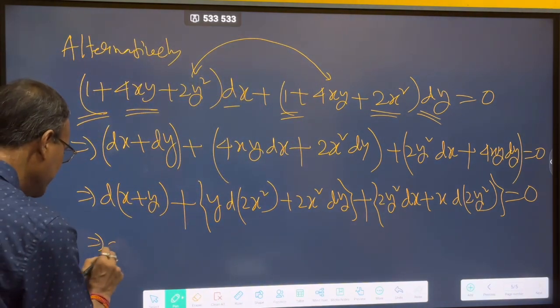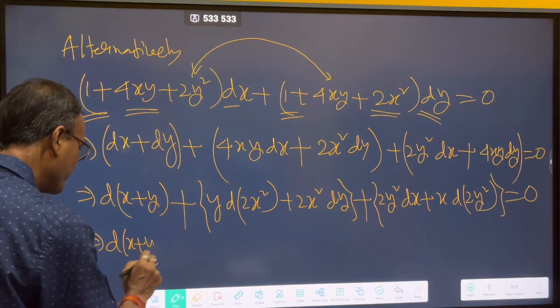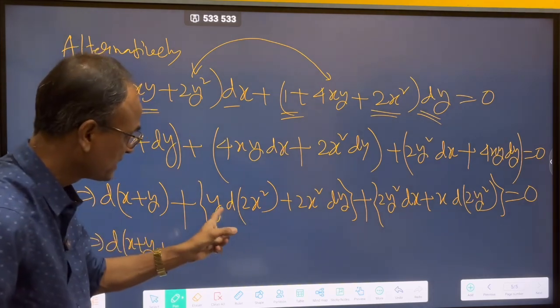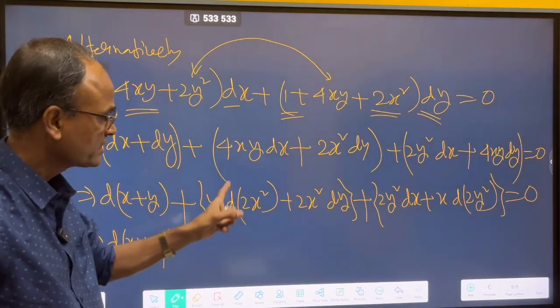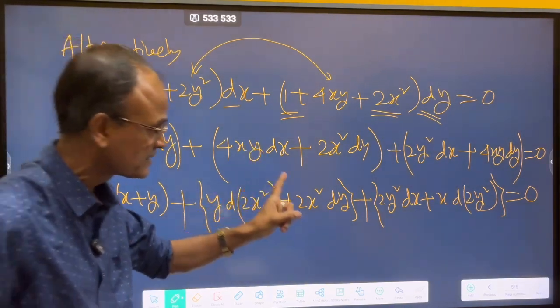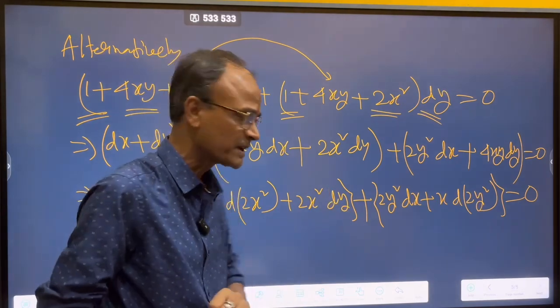Next, d of (x + y) plus, what is this? First function into differentiation of the second function plus second function into differentiation of the first function.